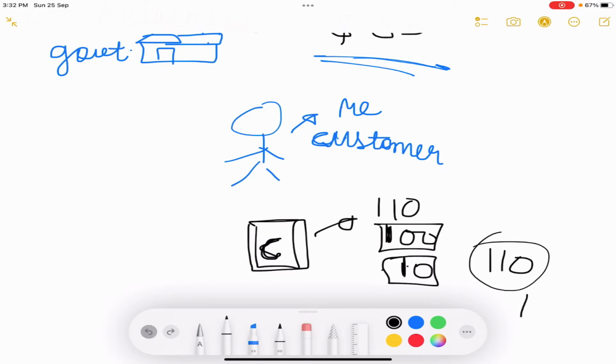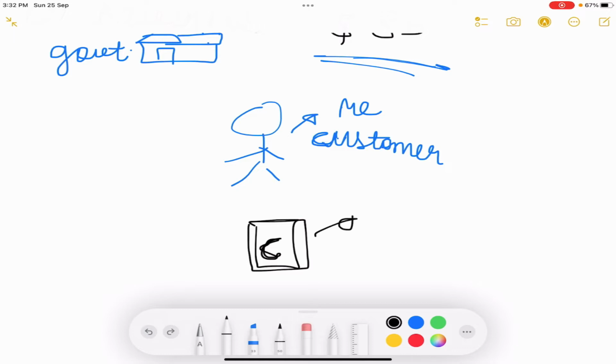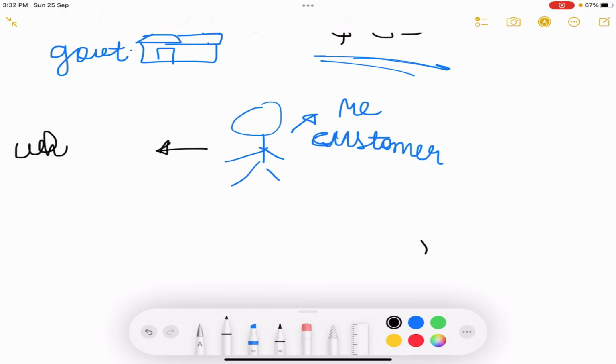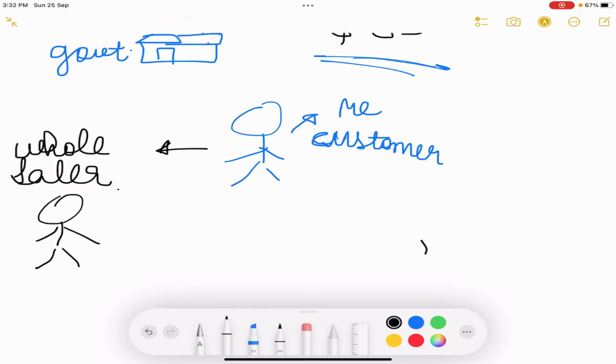So I pay the tax to the wholesaler, or I pay the tax to the seller, to the production person, right? I never go to the government directly and pay. So I pay the tax to the production person, or let's say wholesaler, whoever sold the goods to me. Whoever sells the goods to me, I pay the tax to them. Now what happened?